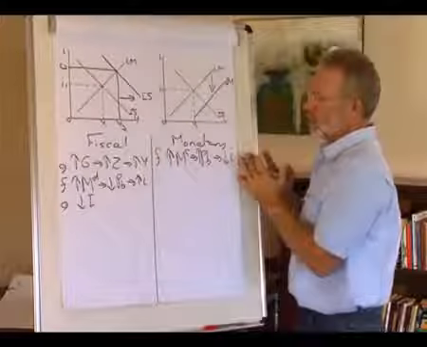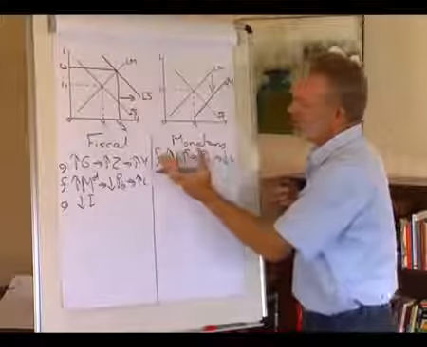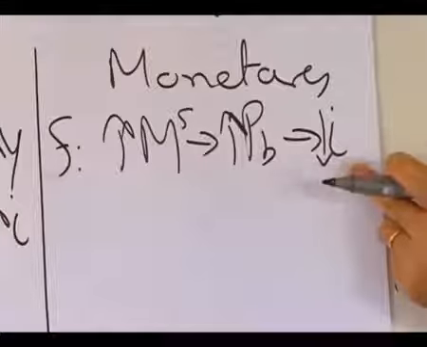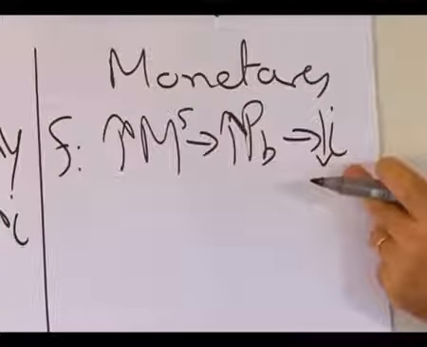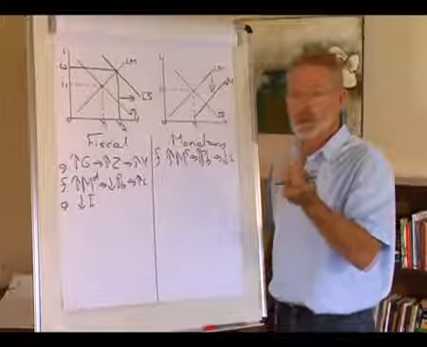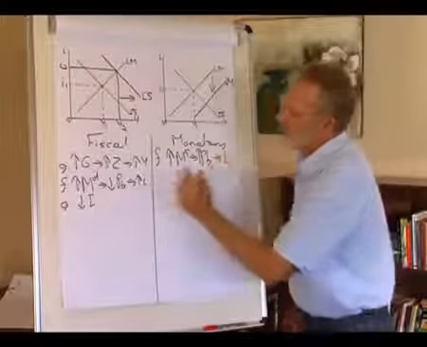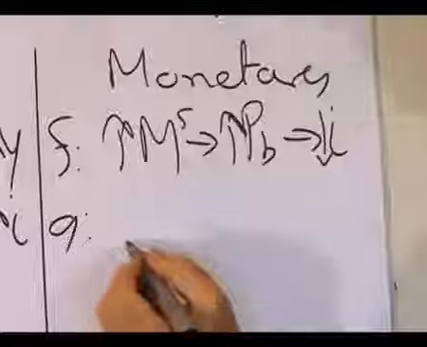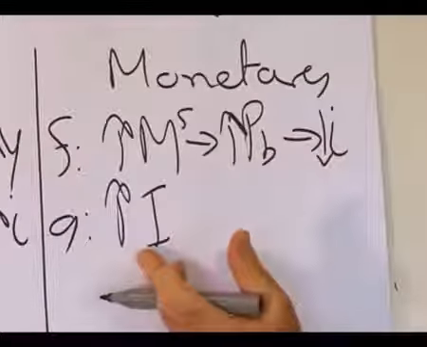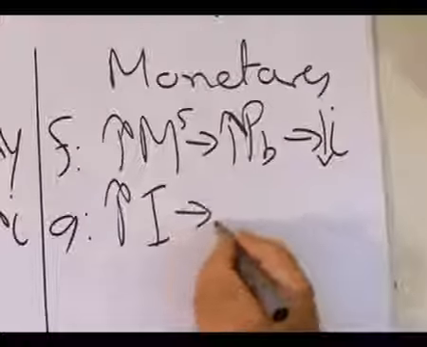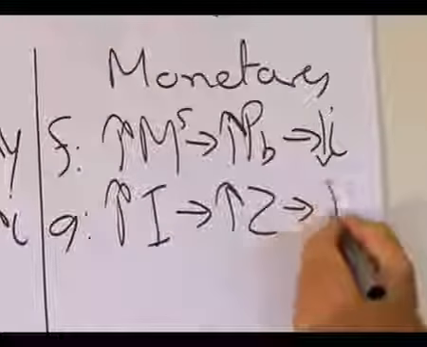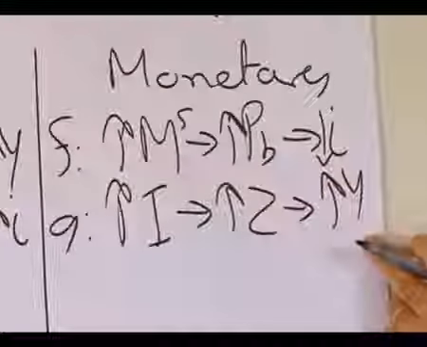Let's look at monetary policy. We've seen initially the increase in supply of money led to a decrease in the interest rate. And decrease in interest rate affects investment spending. Investment spending is part of the goods market. So we move over to the goods market. Investment spending increases as a result of the decrease in interest rate, leading to an increased demand for goods and services, and the level of output also increases.